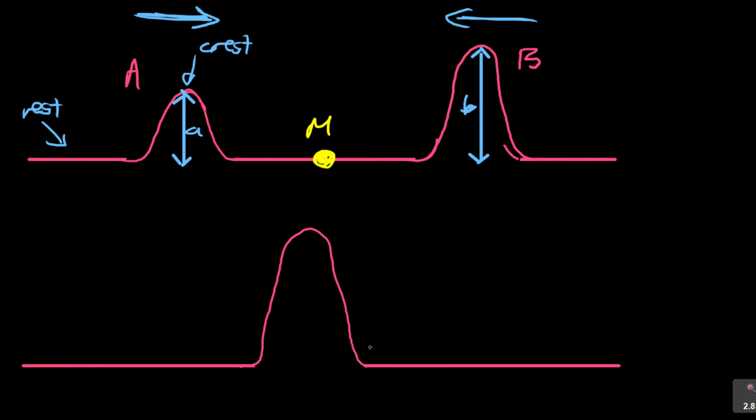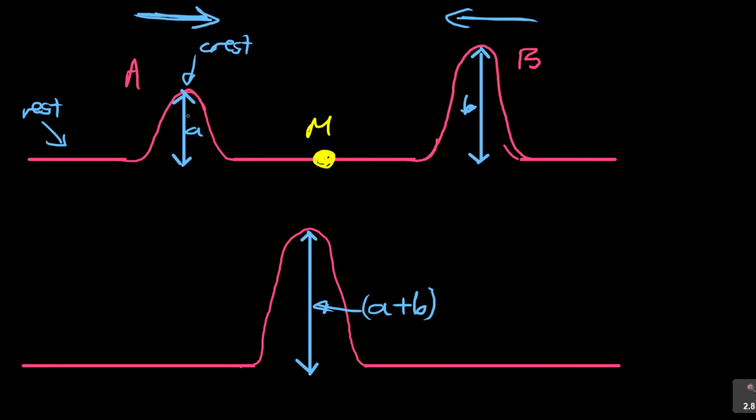See what we're going to have? And the amplitude of this particular pulse is going to change. It is no longer the A or the B, but it is a combination of both, which is take A and you add B. Now that is the distance of the new pulse. Are you seeing that?